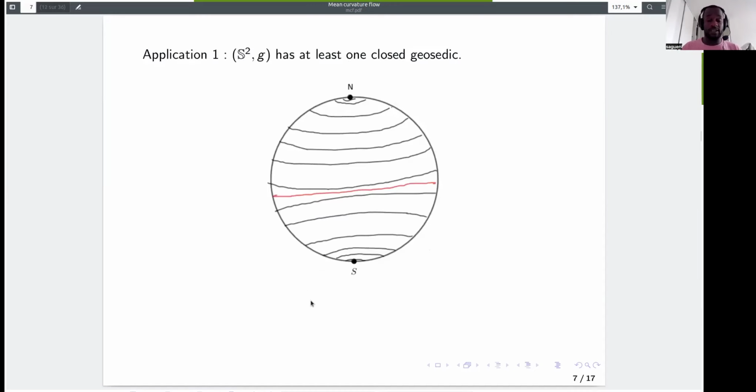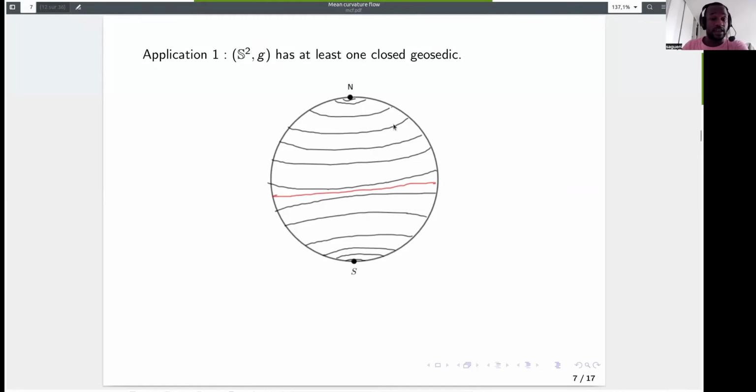So one application of Grayson's theorem on manifolds is the following. If I start with S2 and I put any metric which is diffeomorphic to the natural metric on S2, then S2 with this metric admits at least one closed geodesic. And how do we prove this?